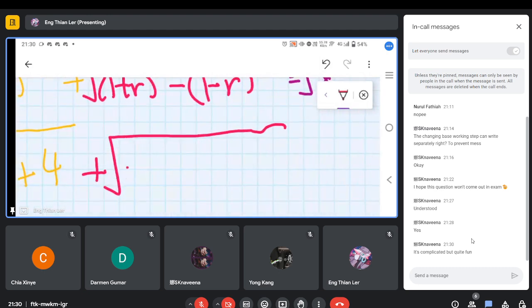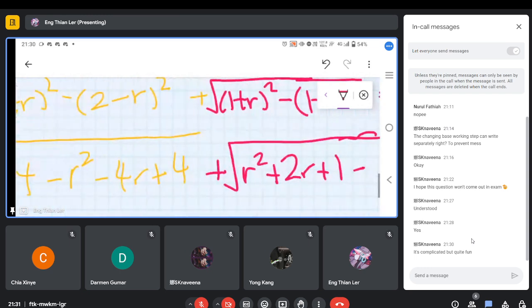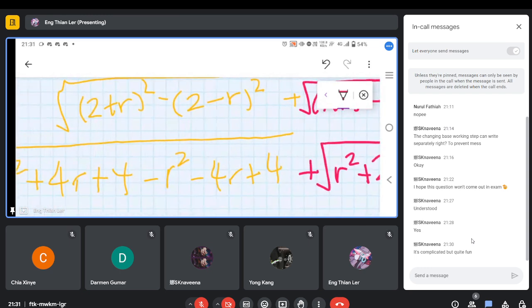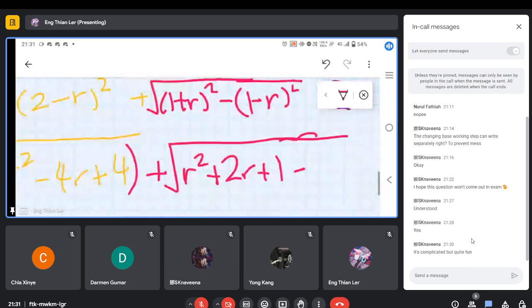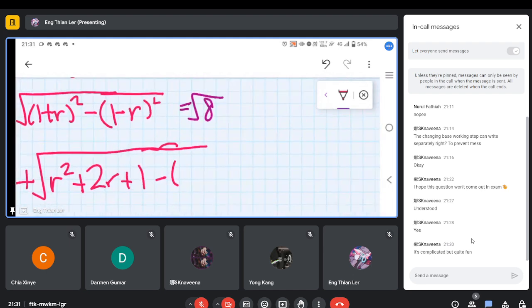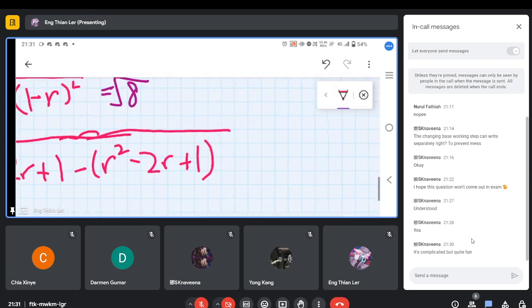The same, r square plus 2r plus 1 minus, forgot, we need the bracket, r square minus 2r plus 1. And all that equal to root 8.